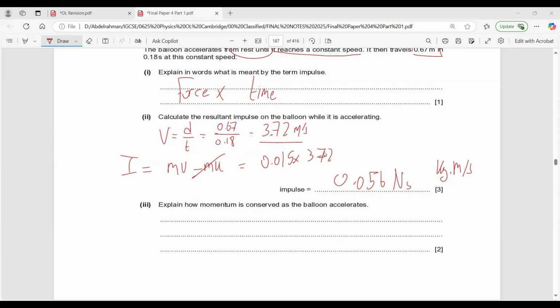The momentum of the balloon is, let's say, 0.056 positive. So the momentum of the air is negative.